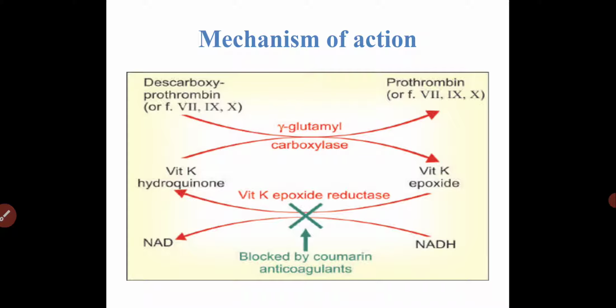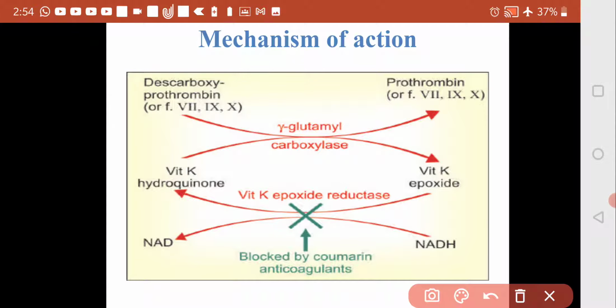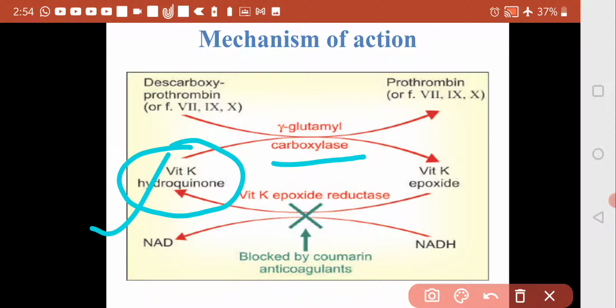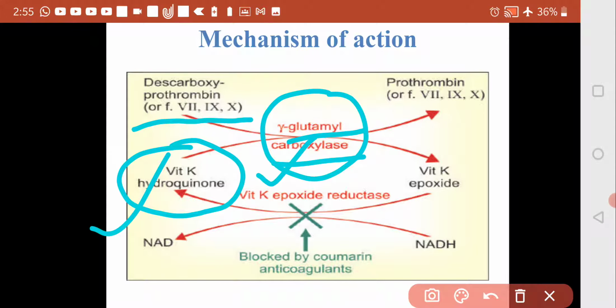Of warfarin. It is an oral anticoagulant, and we already know that vitamin K in reduced form, vitamin K hydroquinone, is necessary as a cofactor for the gamma glutamyl carboxylation. There is a gamma carboxylation of the glutamate residues of various factors, like factor 2, 7, 9 and 10.